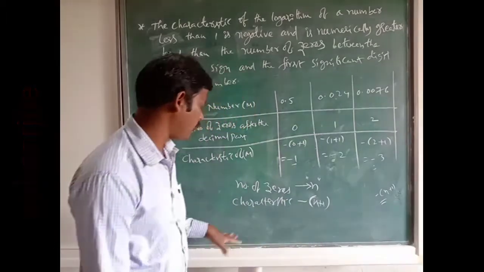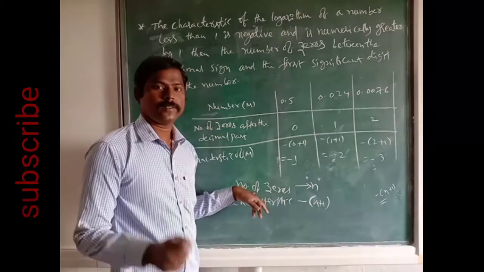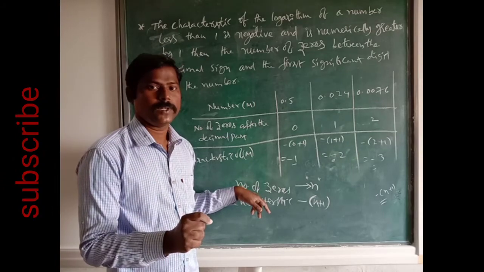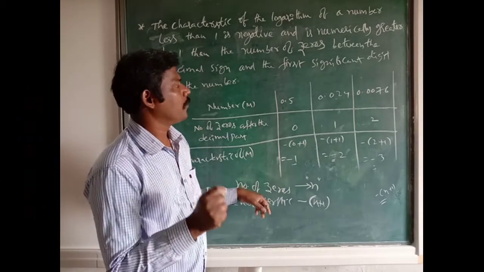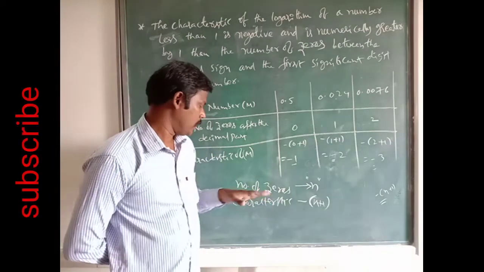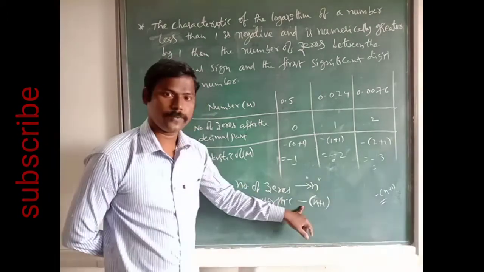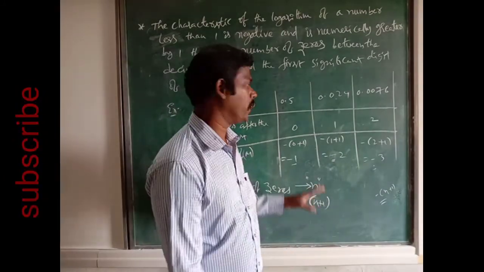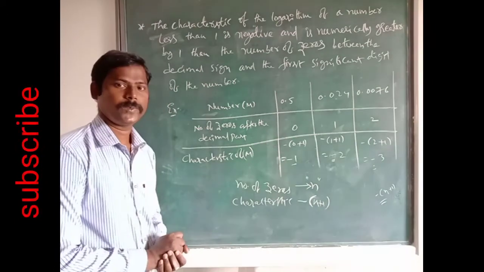Simple, easy way to find the characteristic of a logarithm of a number less than 1 is equal to minus of the number of zeros plus 1. I think all understood by the example.